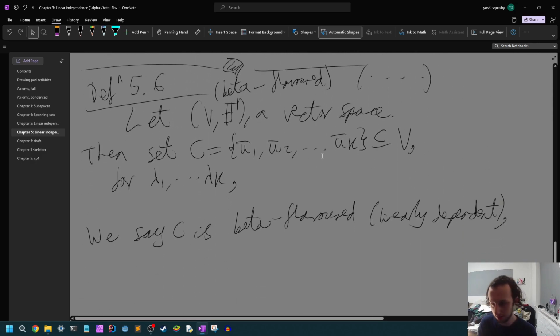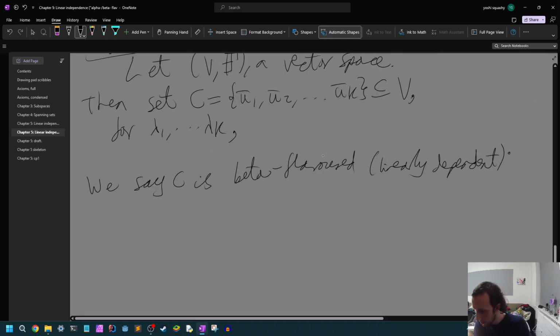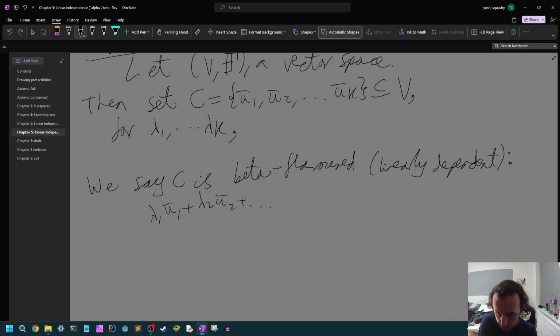I worded it before. Oh, I did a colon, it's a good idea. Let's do that again. If we have lambda 1 u1 plus lambda 2 u2 plus up to lambda k uk equals the zero vector, but this time we're going to say this does not imply that lambda i equals 0, for i equals 1 to k.